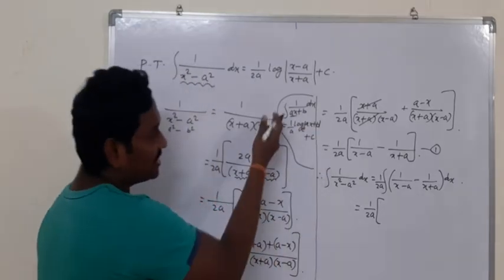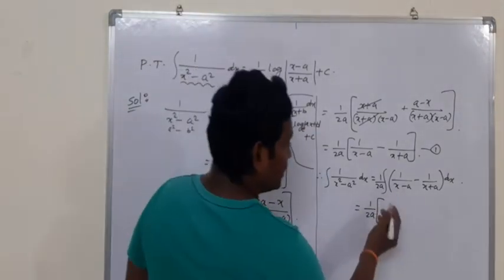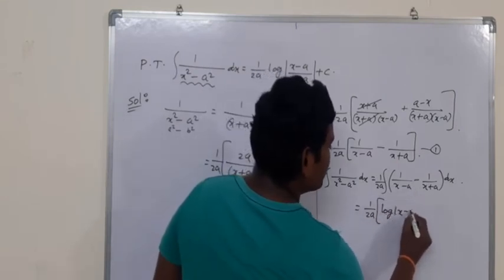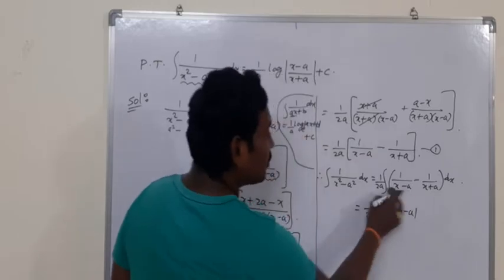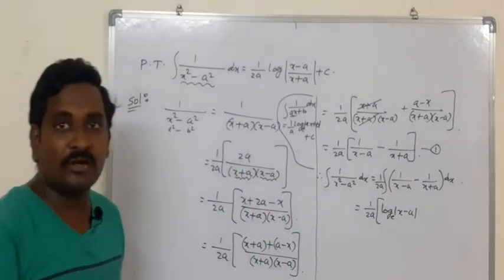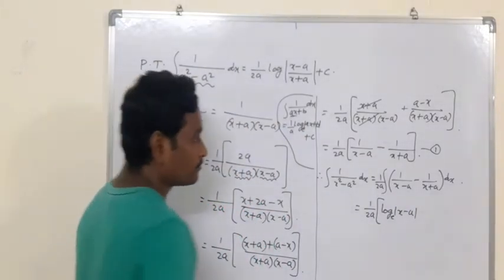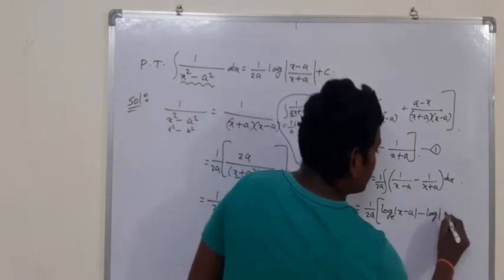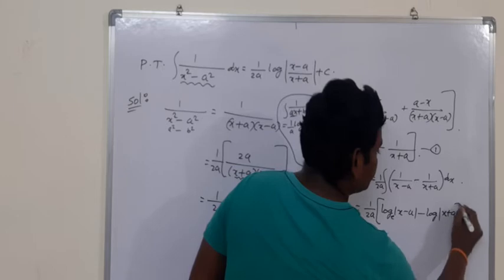This is the formula for this type of terms. Here also the coefficient of x is 1. That's why directly log mod x minus a to the base e. The x coefficient is 1, so it is not necessary to write 1 by 1. Minus, here also you will get log mod x plus a.